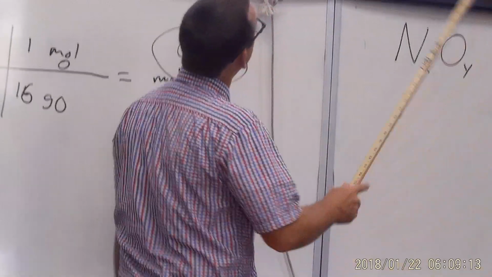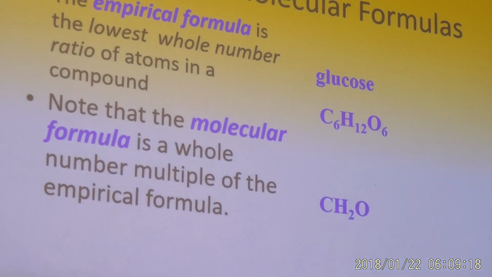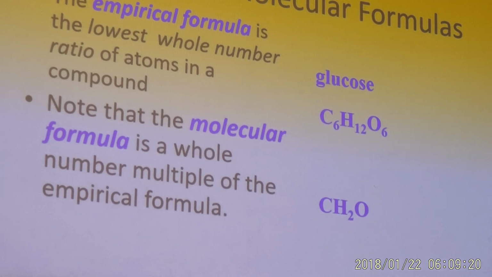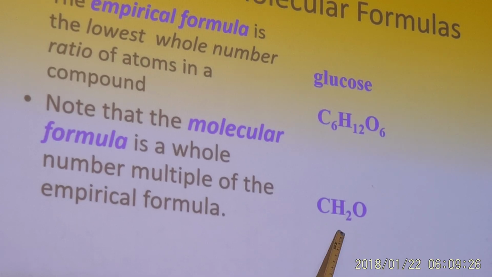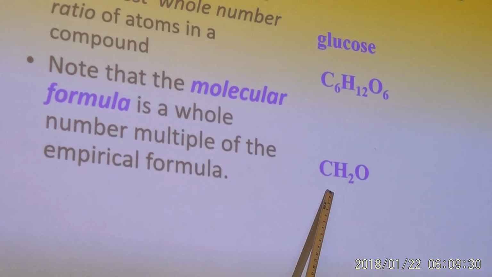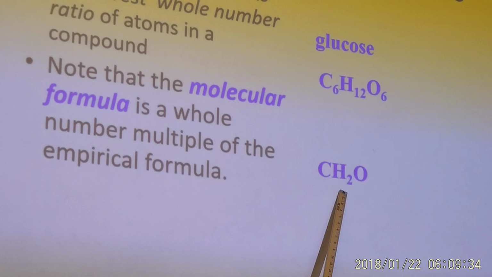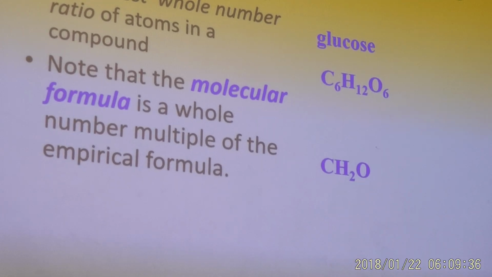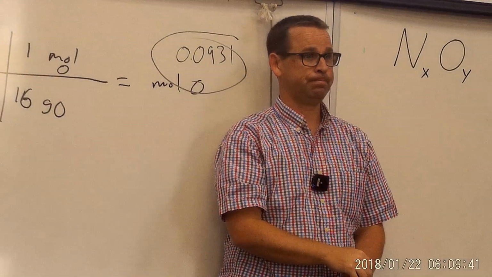Here's an example. Glucose. This is the chemical formula for glucose, right? It means that in every molecule of glucose, there's that many carbons, hydrogens, and oxygens in that ratio. If you reduced it down, this would be the empirical formula. There's not 1, 2, and 1 of these atoms in units, but the ratio is 1 to 2 to 1.